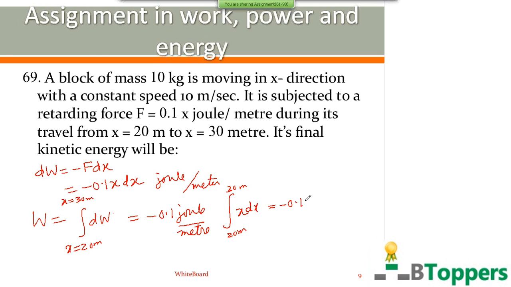Using that formula, that is minus 0.1 joule per meter into x square by 2, from 20 meters to 30 meters. Now we'll apply the limits here.